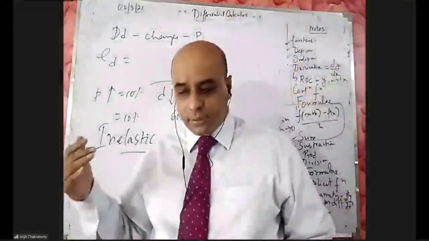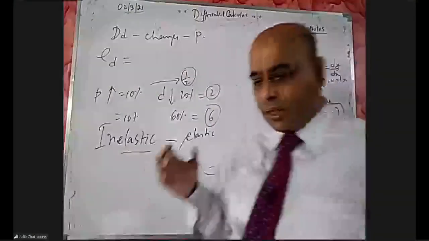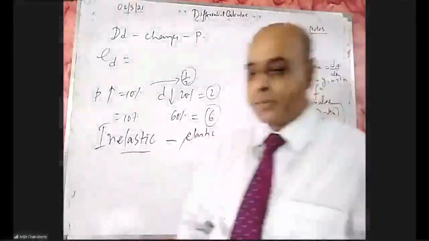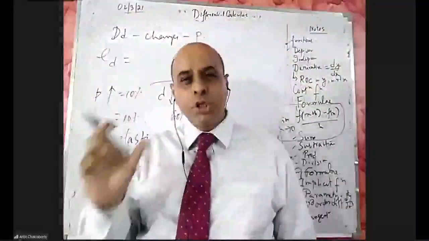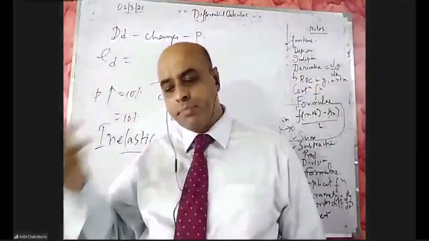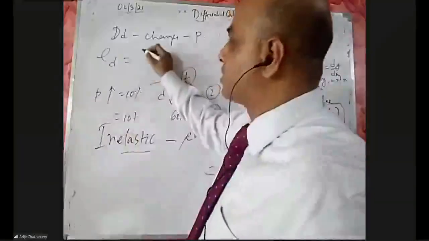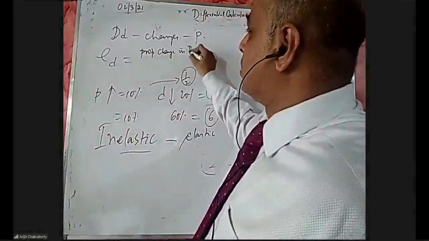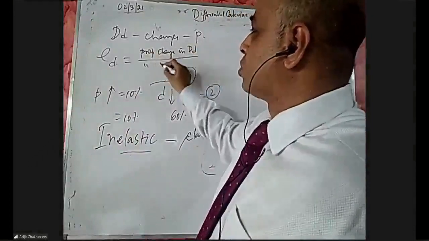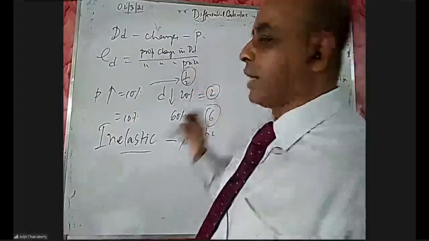Now, in the language of calculus, how do we write it? So we can say elasticity is nothing but the proportional change in the demand divided by the proportional change in the price. That is what I was discussing.